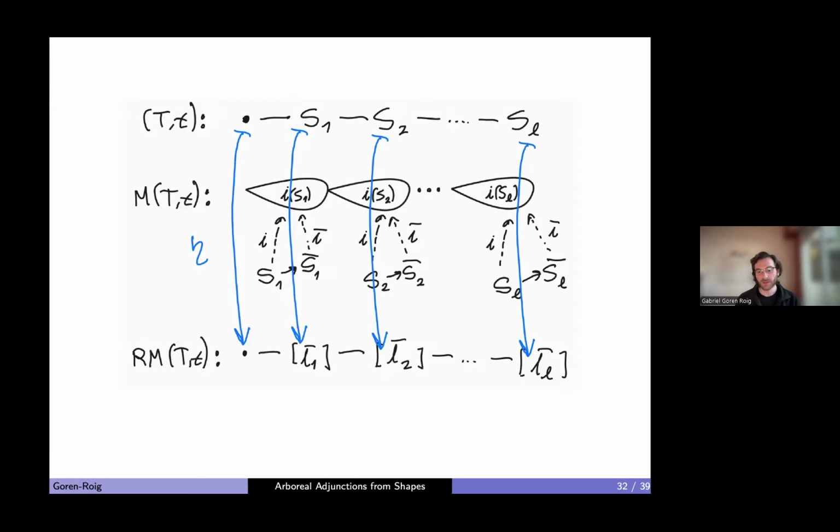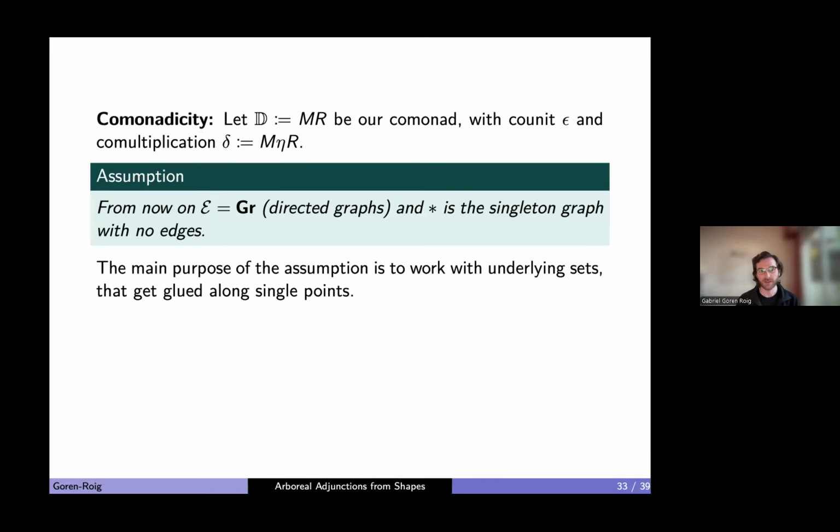And then the last technical thing that I want to mention, even though again I'm not giving full proofs, is the comonadicity part. Let's just call D the comonad arising from this adjunction. From now on, I will go super concrete and say that the extensional category is just the category of directed graphs, and the star object is the singleton graph with no edges.